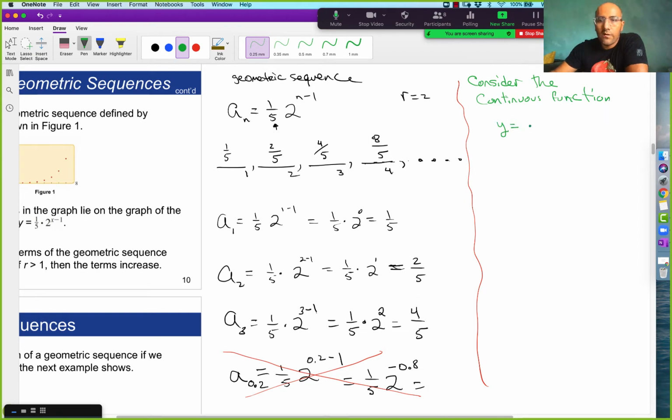Y equals 1/5 2 to the power of n minus 1, right? Or if you want to write it in a different way, we can also rewrite this as f of x equals 1/5 2 to the power of x minus 1. So we've completely stripped away the concept of this as a list of numbers. Now we just have a continuous function, right?